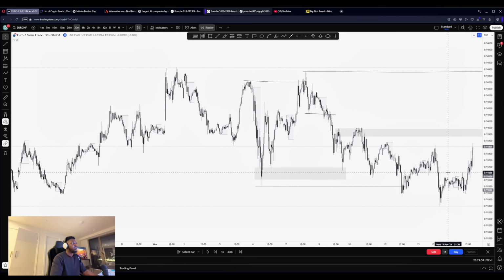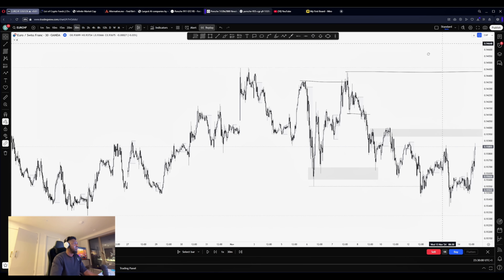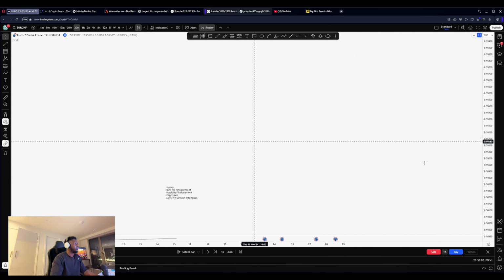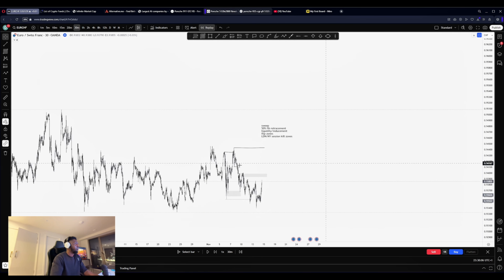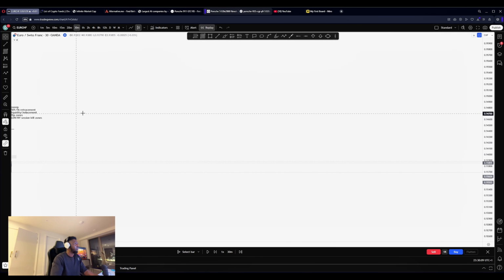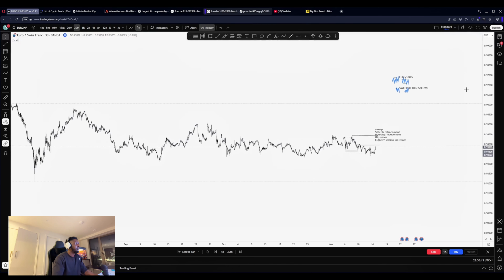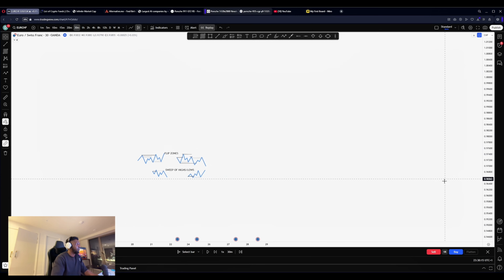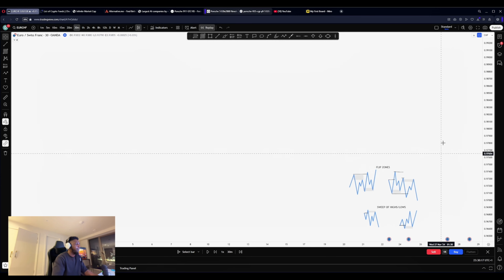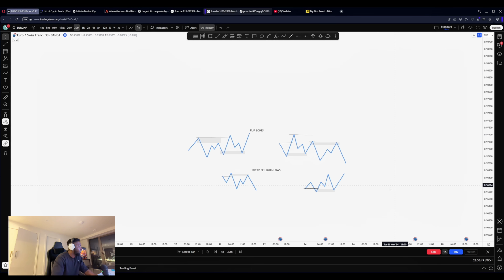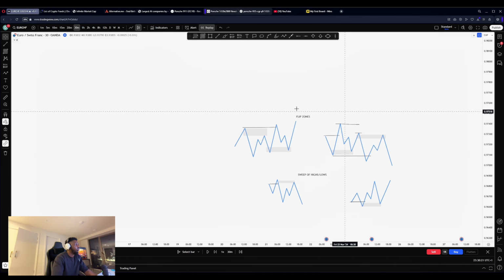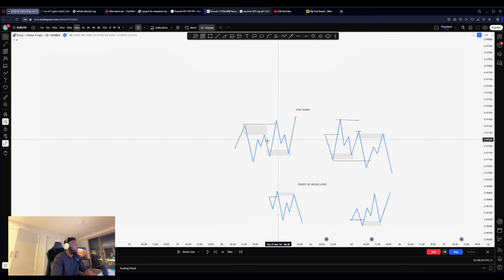And what makes an order block valid for me, if we check, and I'm looking for my sketch. Sorry, it's right here. So what makes a flip zone valid for me?